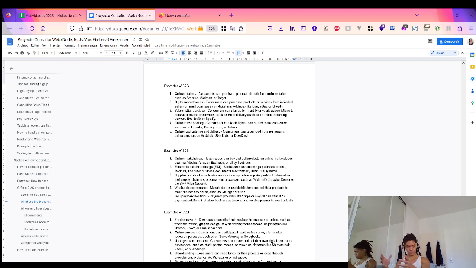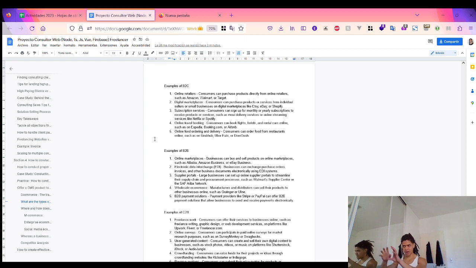Very large businesses set up online supplier portals to streamline their supply chain and procurement process. Procurement is when a business purchases or sells at scale to get a good bid. You have here the Walmart supplier portal or SAP Ariba Network.